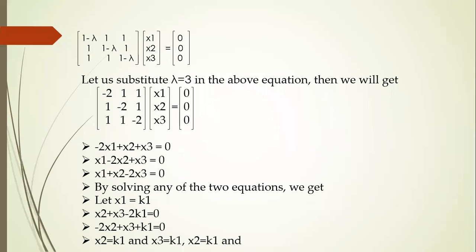Let the three equations be equation 1, equation 2, and equation 3. By solving any two of the equations, we get, letting x1 equal k1, x2 plus x3 minus 2k1 equals 0, and minus 2x2 plus x3 plus k1 equals 0. So x2 equals k1 and x3 equals k1.